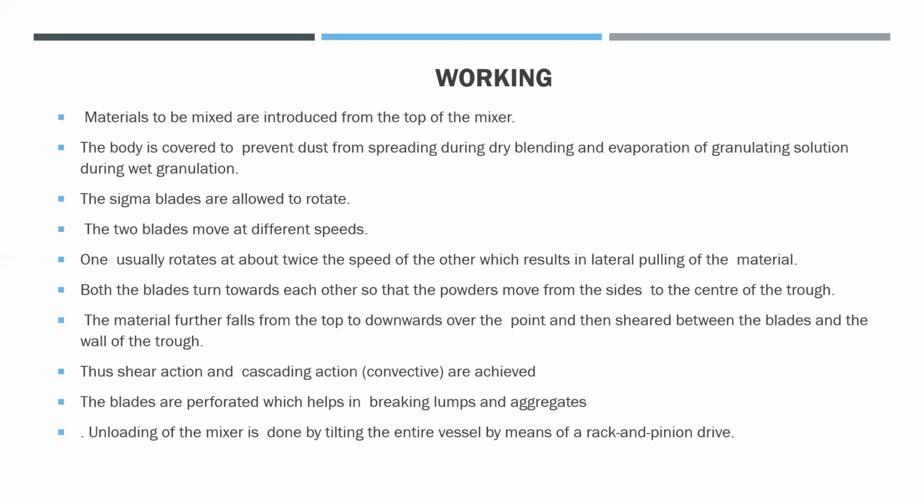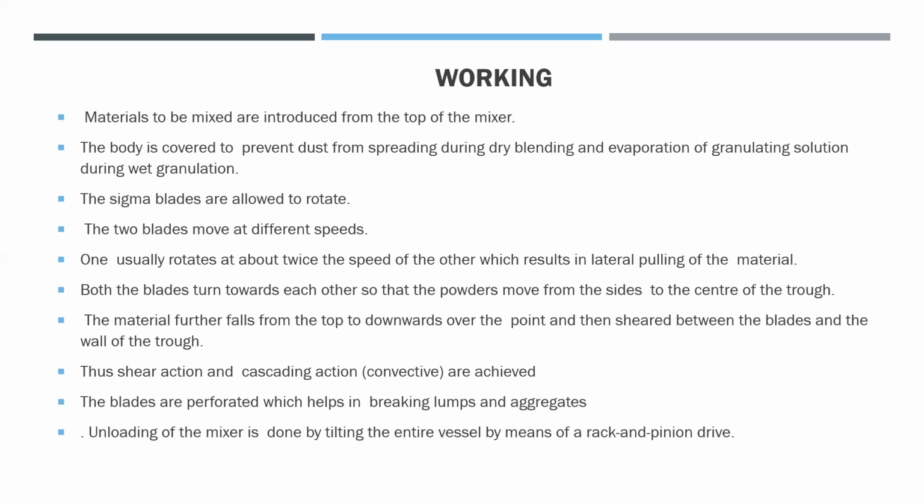So first, loading: the material will be loaded from the top. Then the sigma blade mixer will be covered to prevent dust in dry blending or to prevent evaporation of granulating liquid in wet granulation. Then these sigma blades are rotated. These two blades are rotated with different speeds.